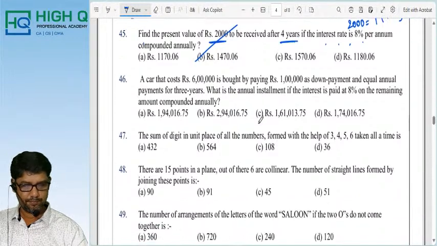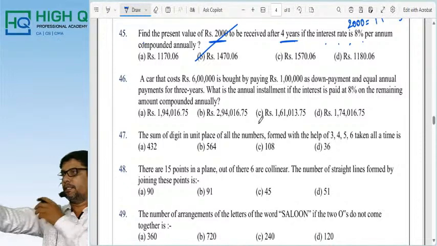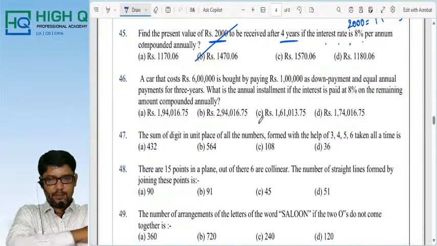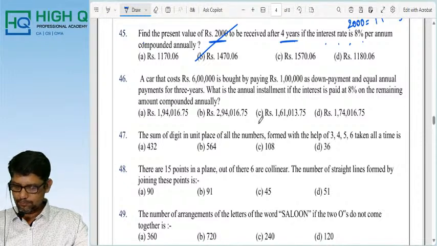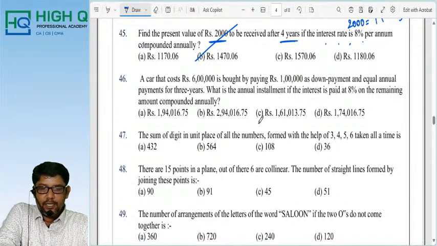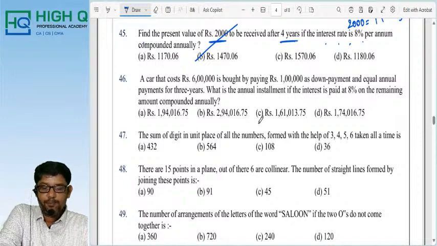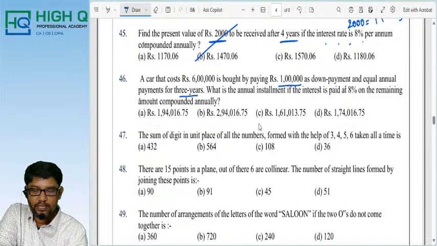Next one. Listen here. A car that costs 6 lakh is bought by paying 1 lakh rupees as down payment and equal annual payments for 3 years.